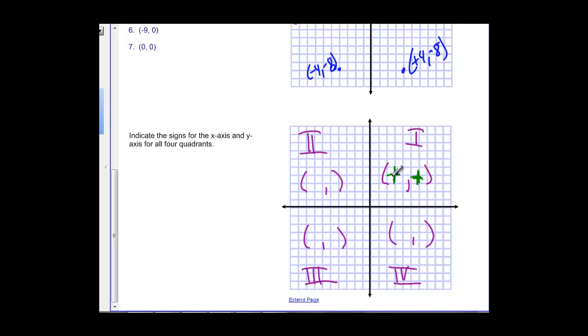All right, so what signs did you get for the second quadrant? Yes, negative, positive. What about the third? What about the fourth? Very nice. This is actually pretty important to think about. This will help you with graphing, but also whenever it gives you something weird, like weird fractions or decimals, and it asks what quadrant.